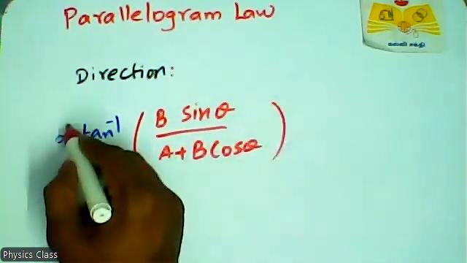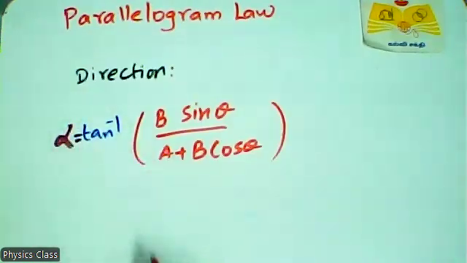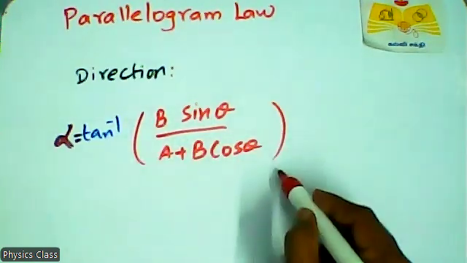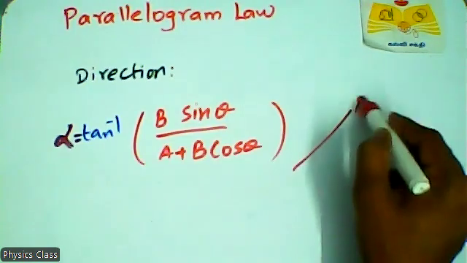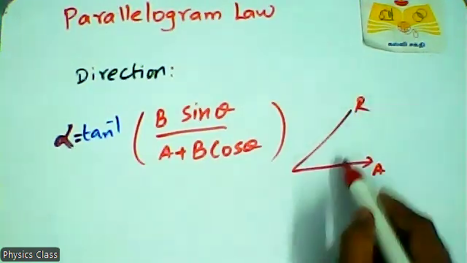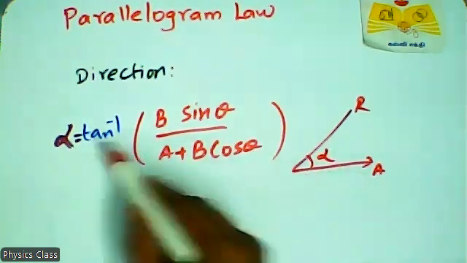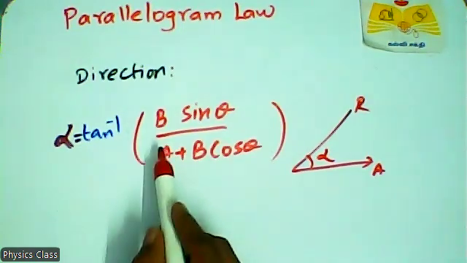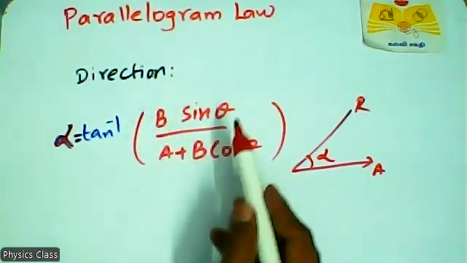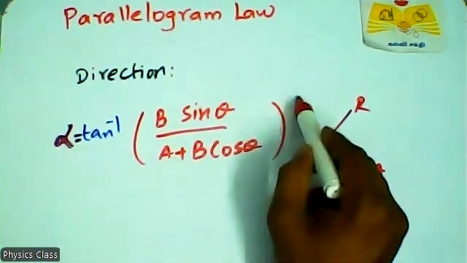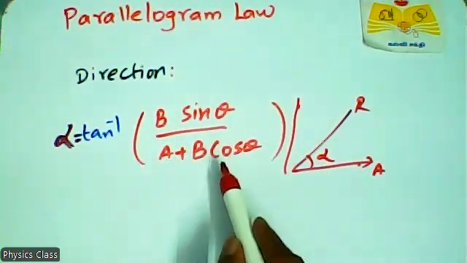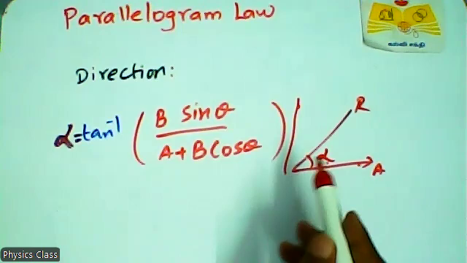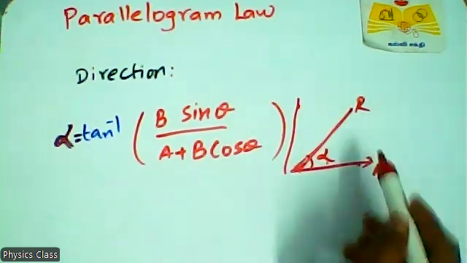This is the equation of alpha, which gives the direction of the resultant vector. This is the A vector, and this is alpha. By this equation we can put in the values of B and theta, and we will get one value for alpha, which determines the direction of R with respect to A.